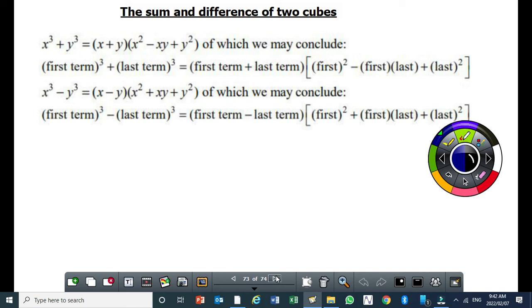So in grade 9, you factorized using 4 techniques: common factor, difference of two squares, grouping, and factorizing quadratic trinomials. Those were the 4 ways. Now, in grade 10, you are introduced to another technique which is called factorization by a sum and difference of 2 cubes.